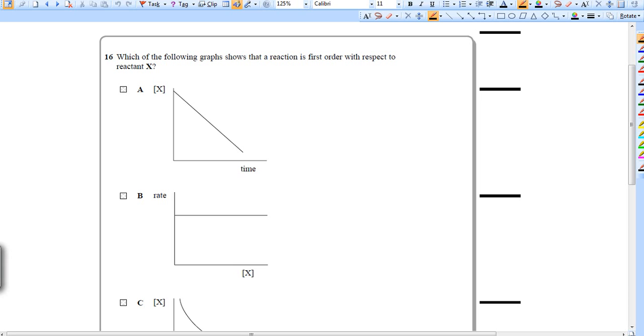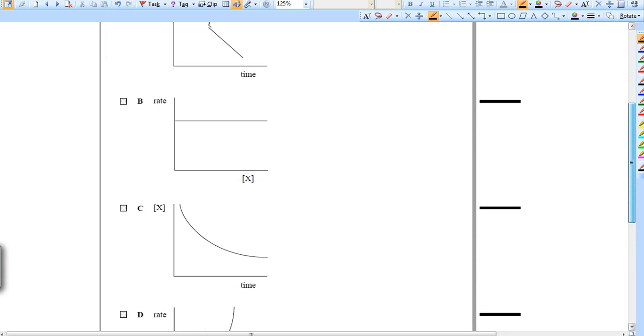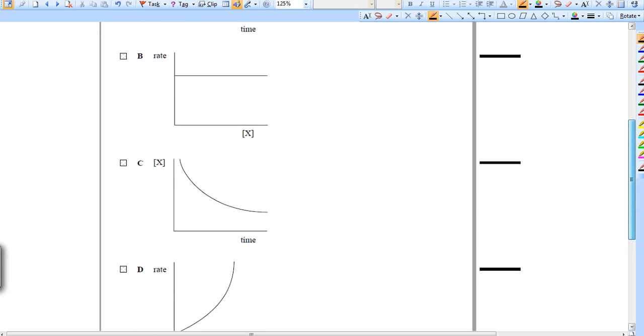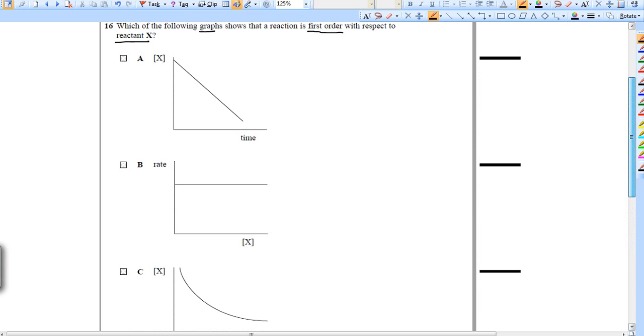They have given some options and asked us to find which graph will give us the first order with respect to reactant X. There are four options: option A, B, C, and D. Among these four graphs, which will give us the information about first order with respect to reactant X?